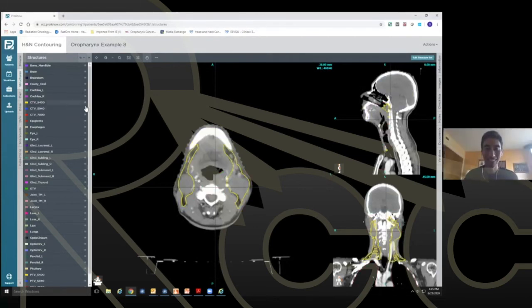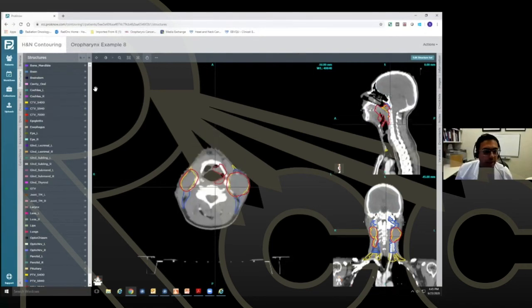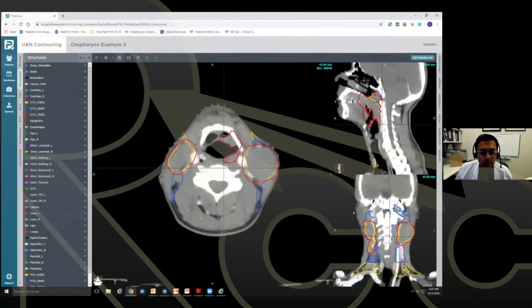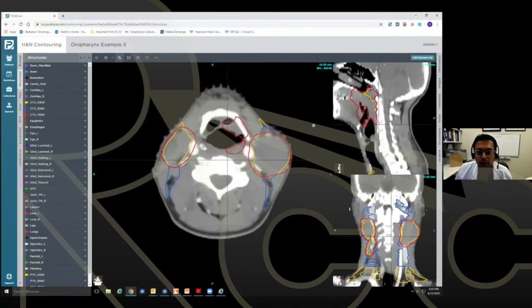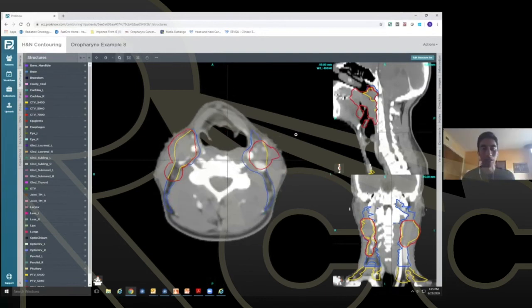All right, so now I'm pulling up the CTVs here. This is patient 8. Just a reminder, I think this is a T3 N2 nasopharynx case. Okay, yes.